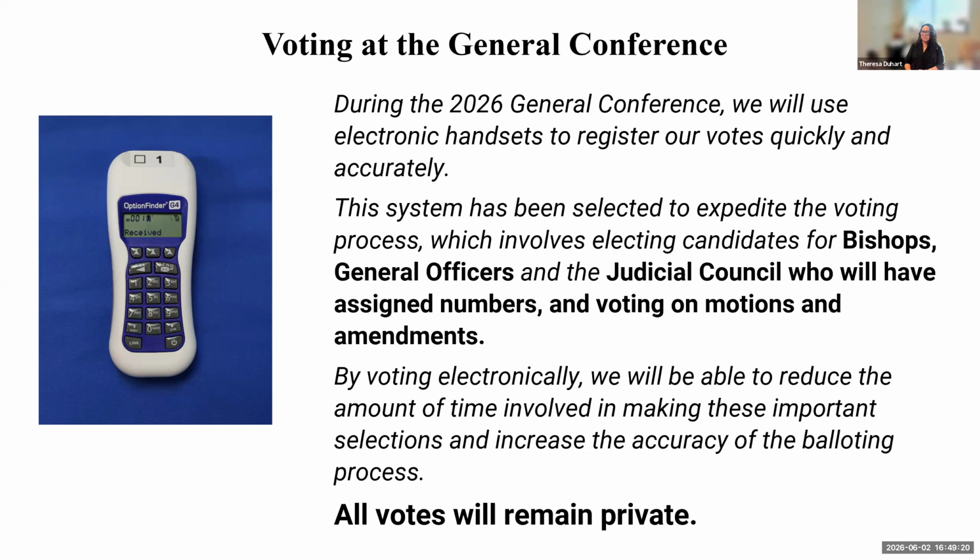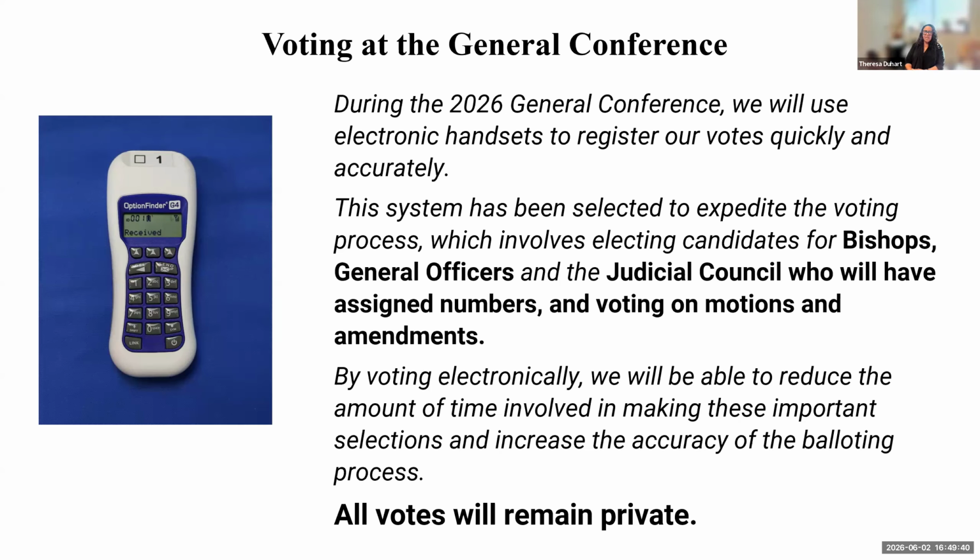Option Technologies teams oversaw the voting process in the last two general conferences, and they're also used at our sister Methodist denominations, United Methodist Church, AME, and AME Zion Church.